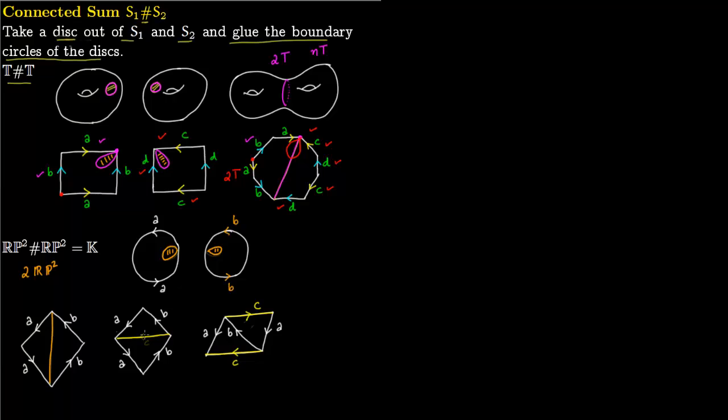Once you cut it right here, say this edge is C, then you take this triangle and keep it right here. This triangle is the same as this one. The bottom one, you can see A is going here, B and C, everything is the same. Now we take this B and we glue this B to this edge.